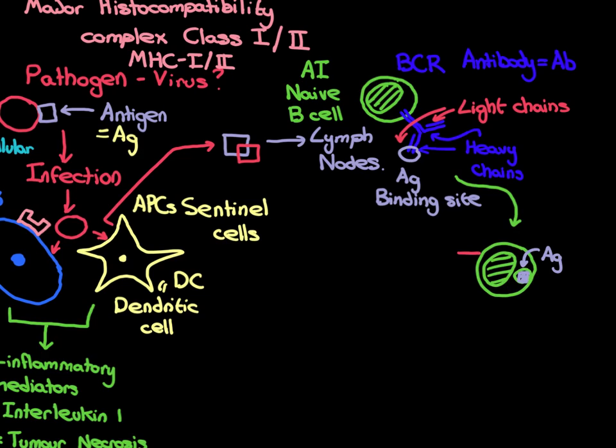So I'll put this here. So in red here, this is representing a massively enlarged MHC class 2 molecule on the surface of the B cell. And what it's going to do is chop up this antigen and put peptide fragments on MHC class 2 molecules. And of course there are loads of different peptide fragments it can create, so it'll end up with loads of MHC class 2 peptide fragment complexes on its surface with different peptide fragments.